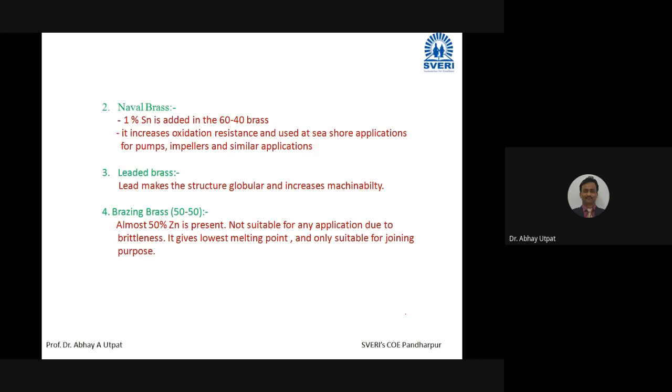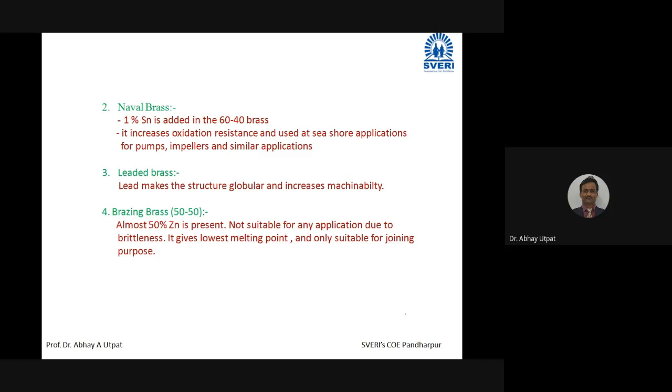So I repeat, earlier case of alpha: first is cap copper, second is gilding metal, third is cartridge brass, and fourth is admiralty brass. Here in alpha beta brasses, first is Muntz metal, second is naval brass, third is leaded brass, and fourth is brazing brass. Now naval brass is similar to admiralty brass. In admiralty brass, there is a single phase structure, and in naval brass, there is a two-phase structure.